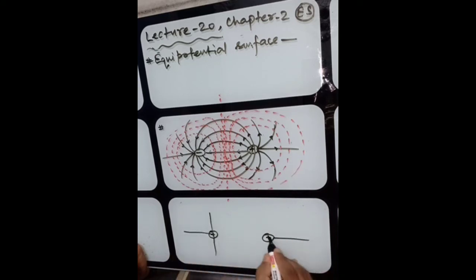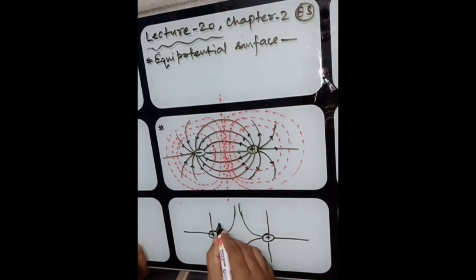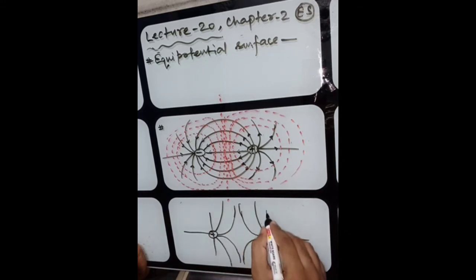These are the field lines. Now they should never intersect, my dear student. You can make a much better diagram than me, as I told you.